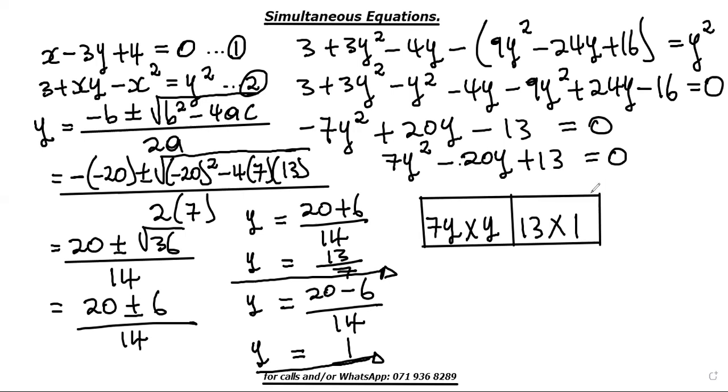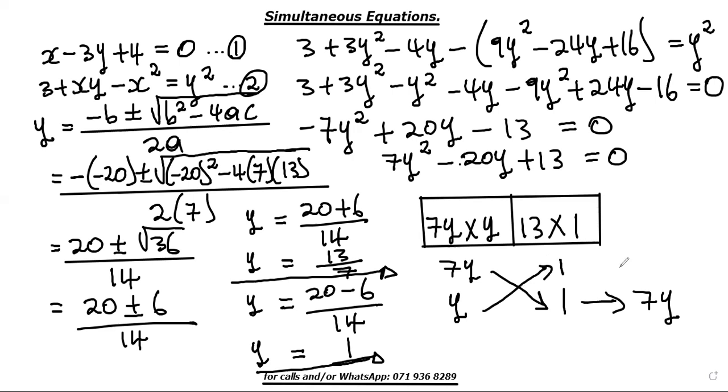Do you see that? But in order for you to write it nicely, you have to say, okay, if I take 7y and multiply it by 1, I'm going to get 7y. This is important for generating factors, writing it like this. And then you say y times 13, it's going to give you 13y.